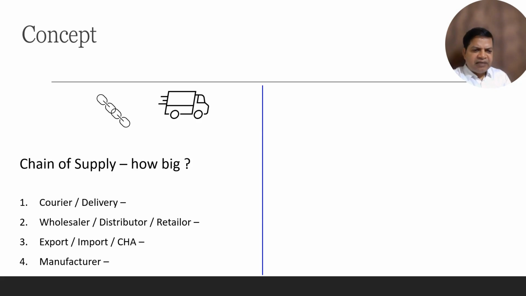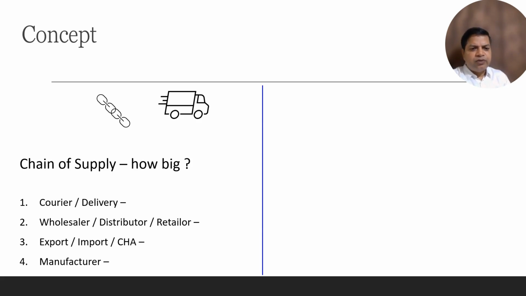Now the last is manufacturer. So manufacturers have the biggest supply chain network. We can obviously say the size of the supply chain, or chain of supply of the material, for a manufacturer is biggest in nature. Why? Because there are many vendors associated with this manufacturer.